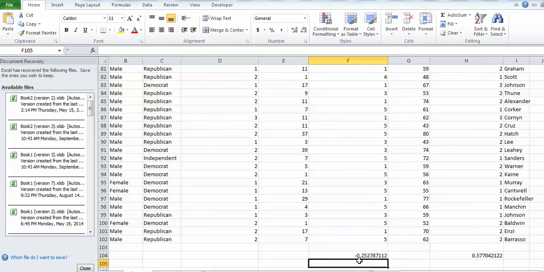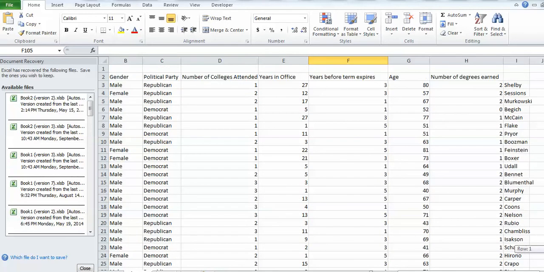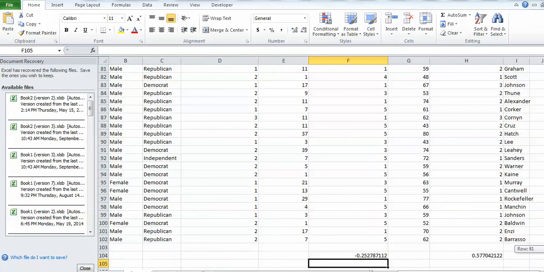And the correlation between years in office and years before term expires is only -0.25. That's a pretty weak negative correlation. And we saw it in the scatterplot that it was a pretty weak negative correlation.